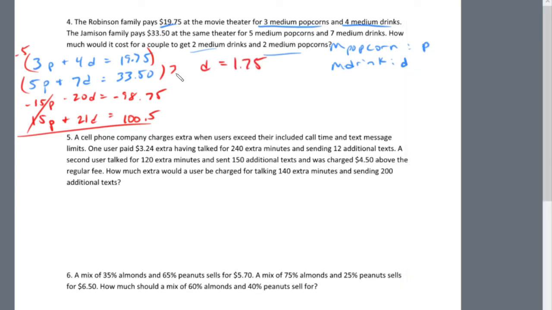$1.75. Man, movie theaters are rip-offs. You should never buy anything from a movie theater. They always scam you. So now we plug this in here, and man, they really do scam you. I don't think I've ever bought a drink in a movie theater, my entire life. And that's not a lie.